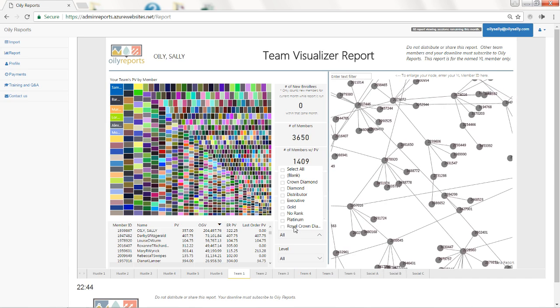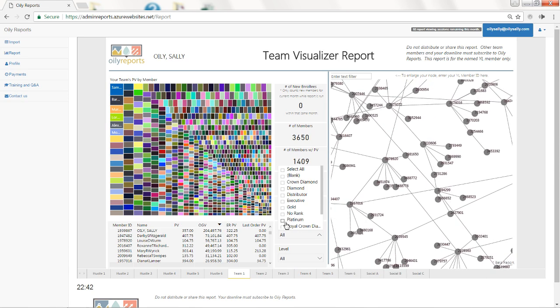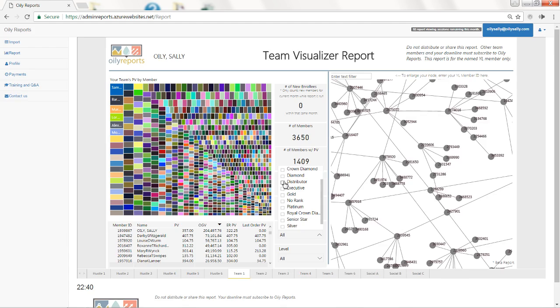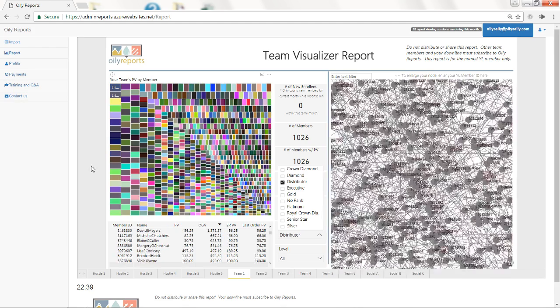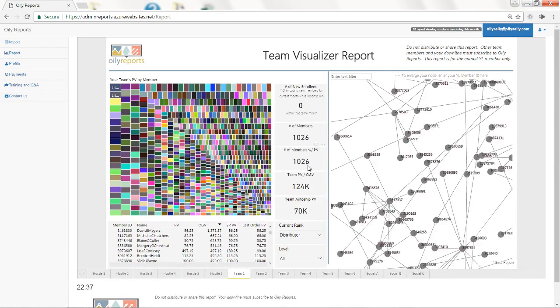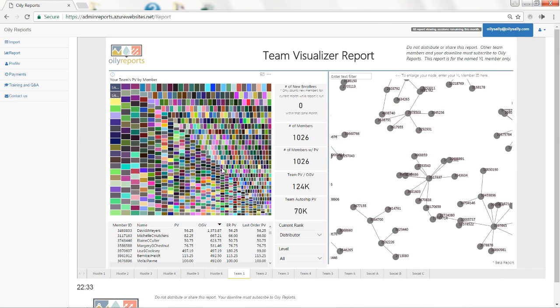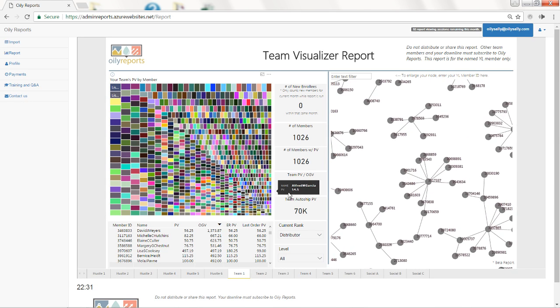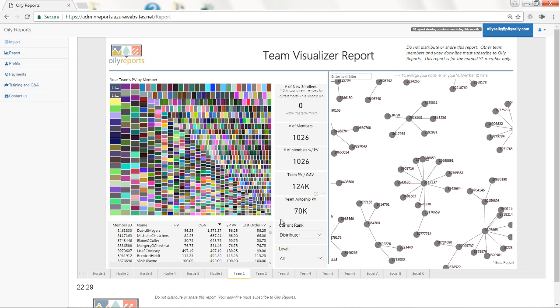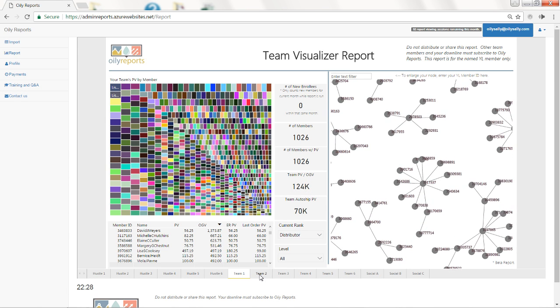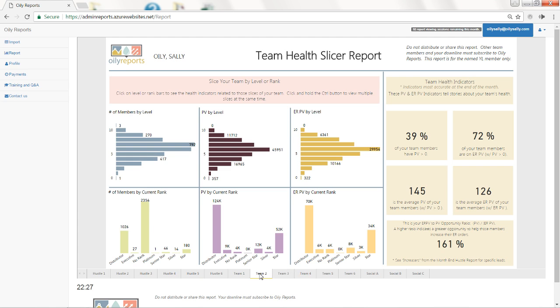When you're looking at that only at the distributor level, you can see how important your distributors are overall. You can see 1,026 members with PV. A lot of your team's PV in this case is coming from members with distributors, and keeping those distributors happy and enjoying their oils is important.